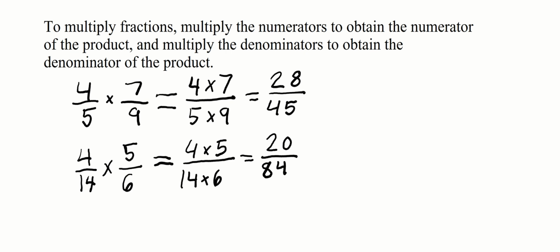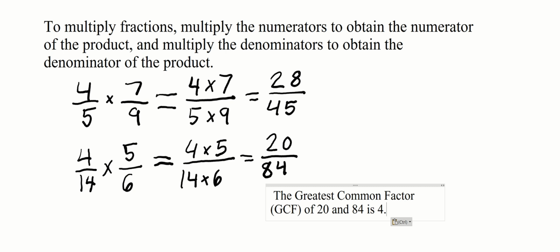Now, we can simplify 20 over 84. But to do so, it would be important to know the greatest common factor between 20 and 84. In this case, I will provide it for us. It is 4 in this case.